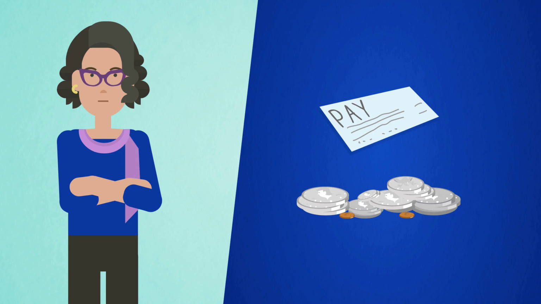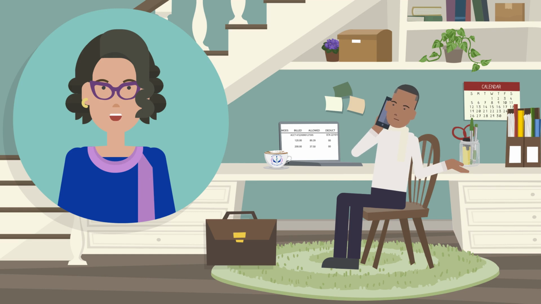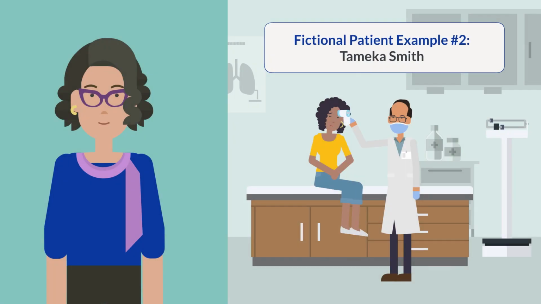However, if it was a 10% error in coinsurance for a surgery charge or another type of expensive care, the difference between what the patient truly owed and what the EOB said the patient owed could have been a lot more. Robert will need to call his insurance company to have this corrected. Without looking at his bill, EOB, and SBC, Robert never would have caught the mistake and would have overpaid for his medical care. In the next example, we will explore a different situation.